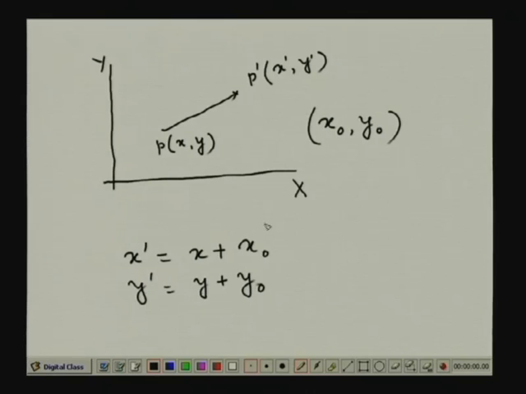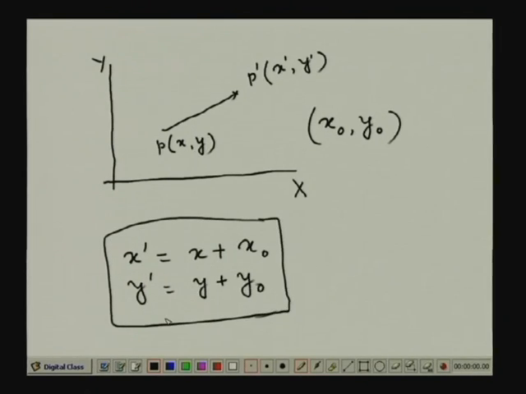So this is the basic relation when a point at location (x, y) is translated by a vector (x naught, y naught).